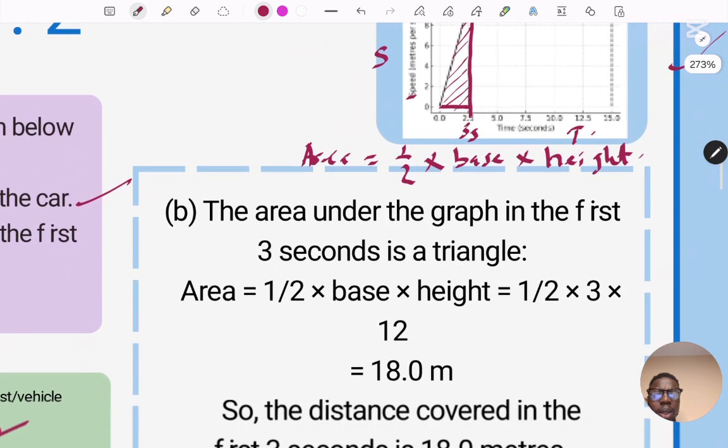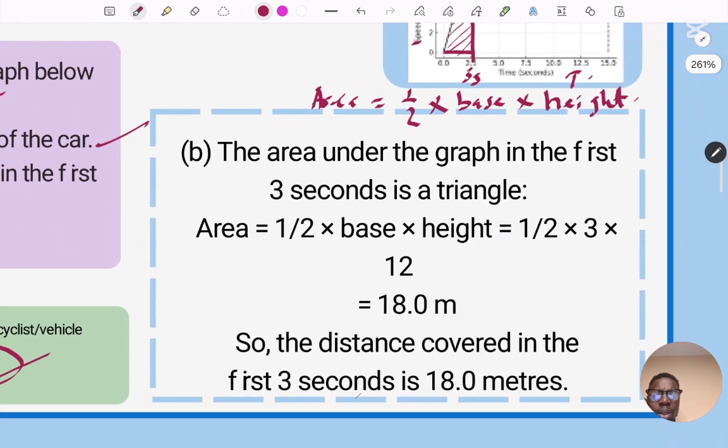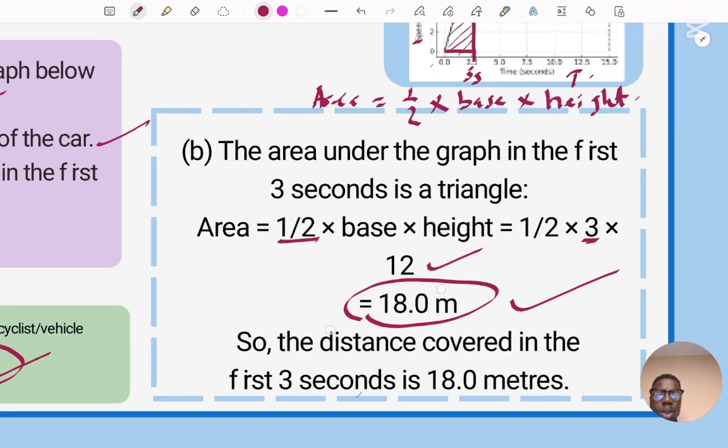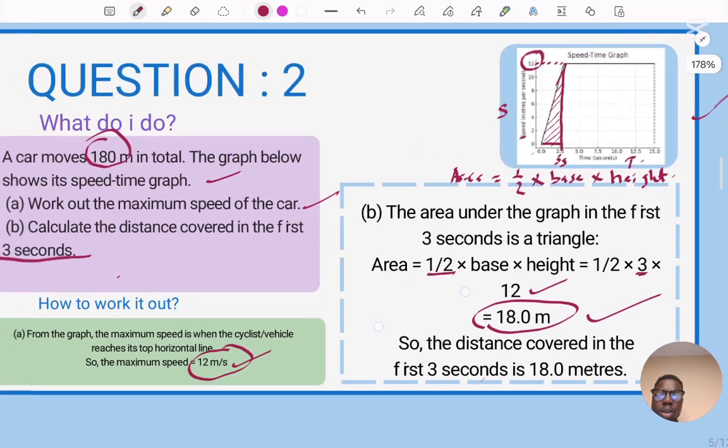So we say area is equal to half, the base is now 3, because that is from 0 to 3 seconds, and the height is 12, and our answer is 180 meters. So this is also very correct, and that's perfect. Now let's go to the next question.